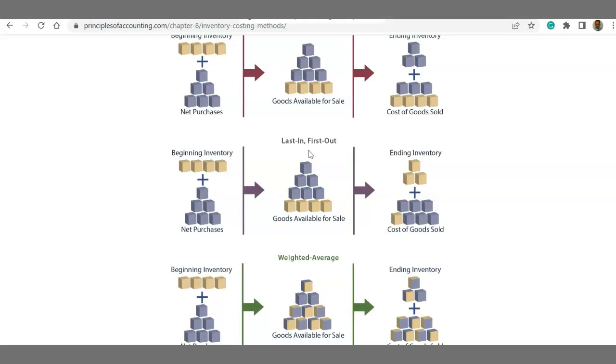But Shell, doing the exact same thing in Europe, because they are following IFRS, let's say they are doing FIFO, and they have two choices, either FIFO or average anyway.